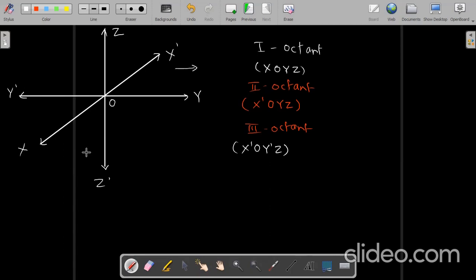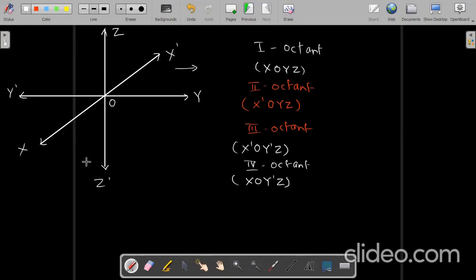Then we come to the ground floor. So now the fourth octant will be X O. Coming to the front side, we used to write X O, and Y dash on the left side, and Z. So X O Y dash Z. This is our fourth octant.